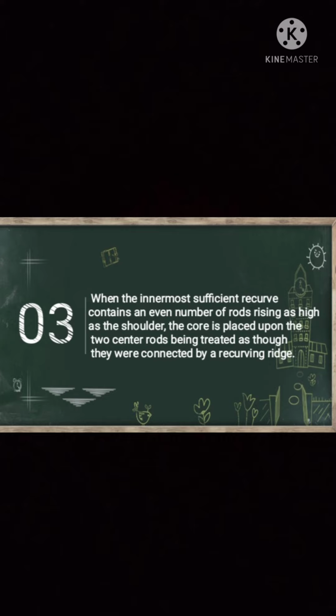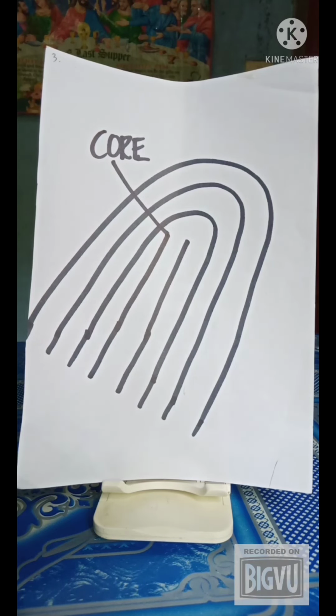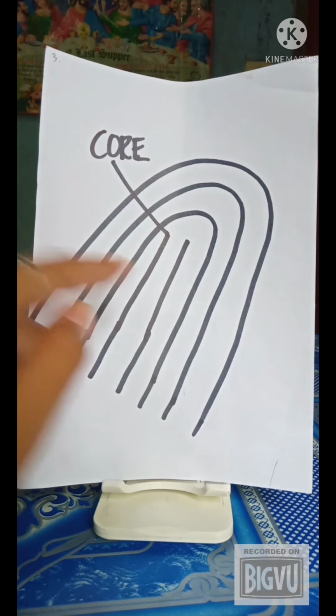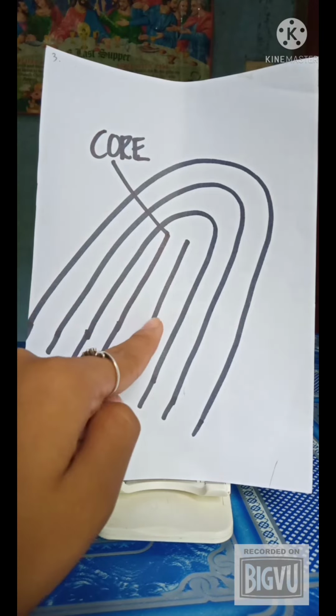Rule number 3: when the innermost sufficient recurve contains an even number of rods rising as high as the shoulders, the core is placed upon the two center rods, being treated as though they were connected by a recurving ridge. In rule number 3, we have here rod 1 and rod 2.